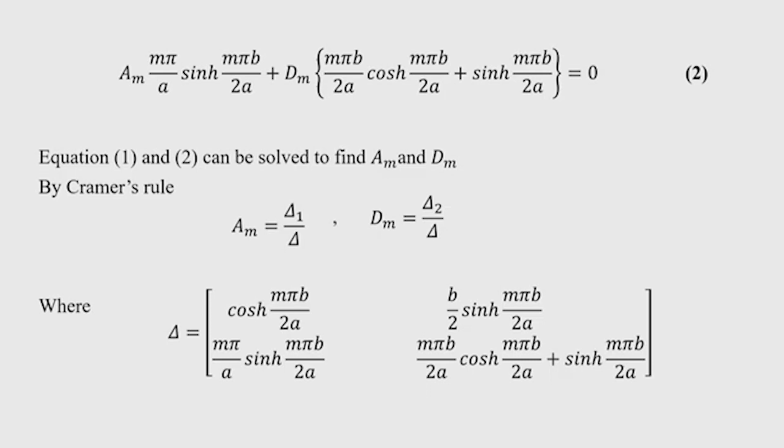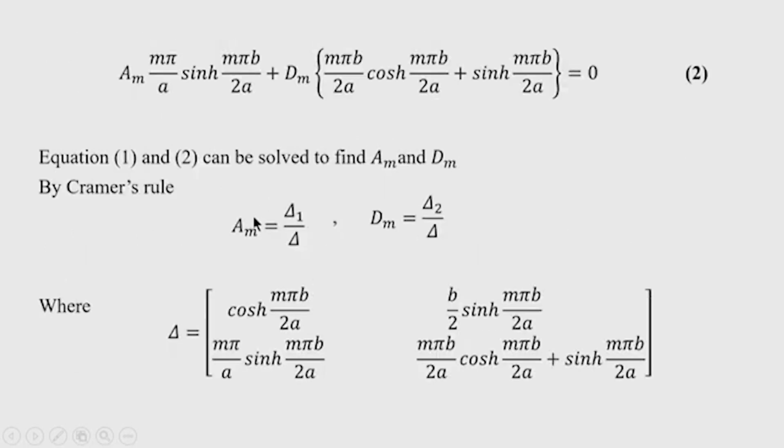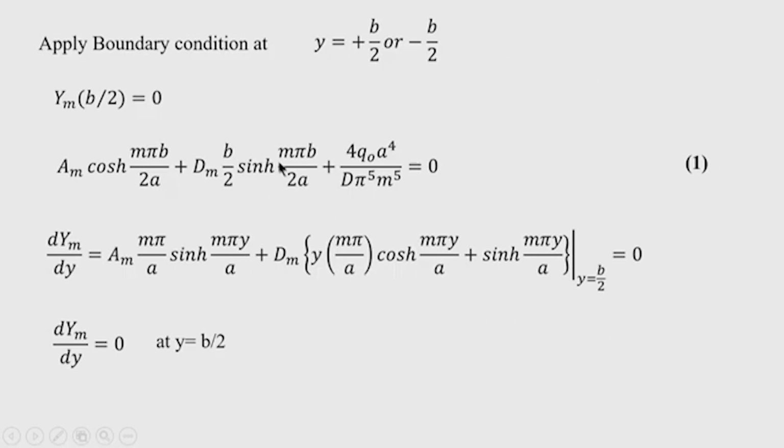So, using Cramer's rule, we can write the solution for the two equations 1 and 2 obtained using the boundary conditions. So, a_m is equal to delta 1 by delta and d_m is equal to delta 2 by delta. Now, the denominator delta is the determinant formed by the coefficients of a_m and d_m of the two equations obtained by applying the boundary conditions.